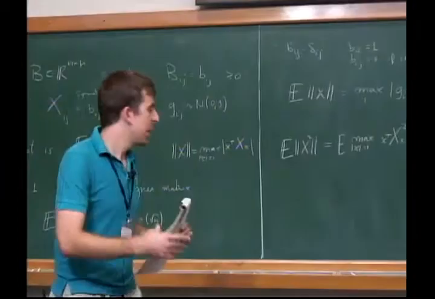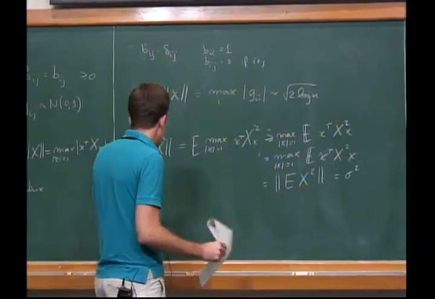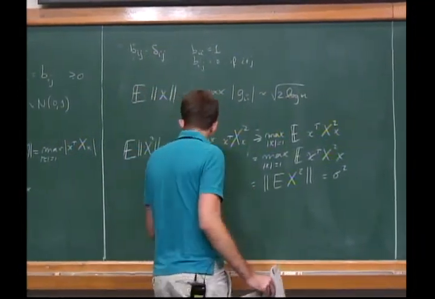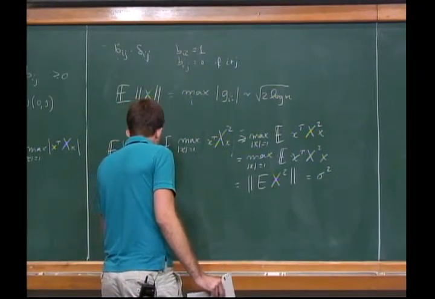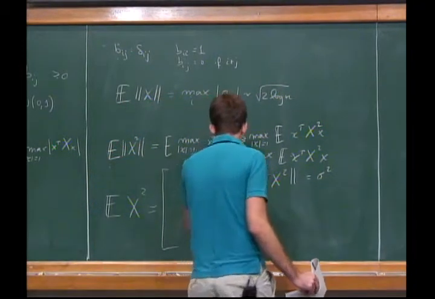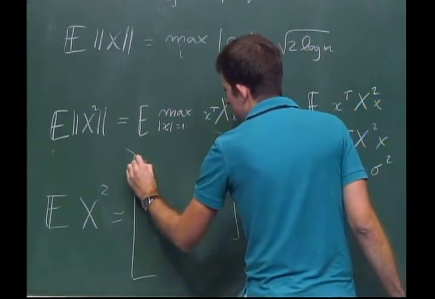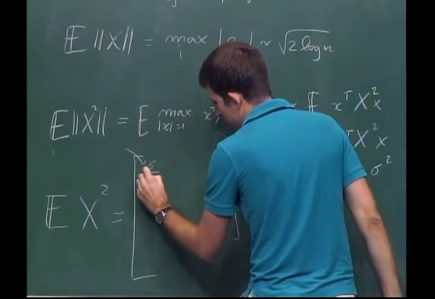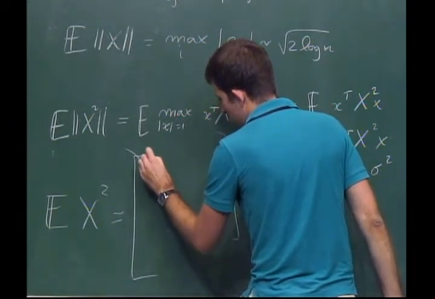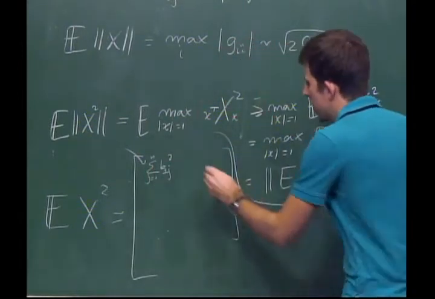And the rows are independent, so all it's going to pick up is things on the diagonal. So the expected value of X squared is simply a diagonal matrix, where on the first diagonal entry we'll just have the sum over all j from 1 to n of b_1j squared.